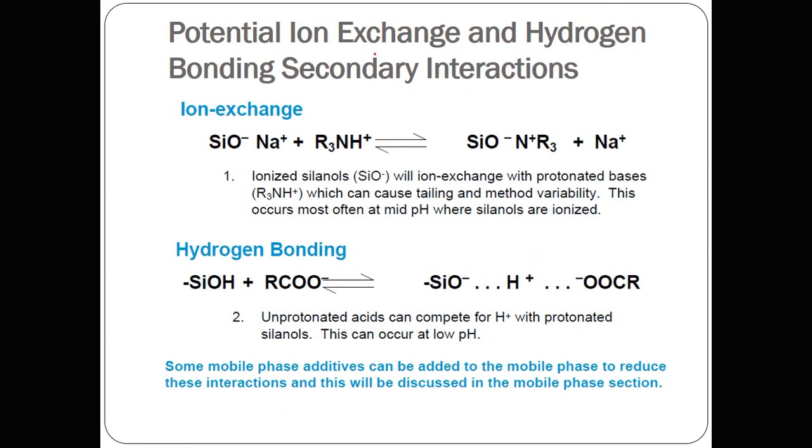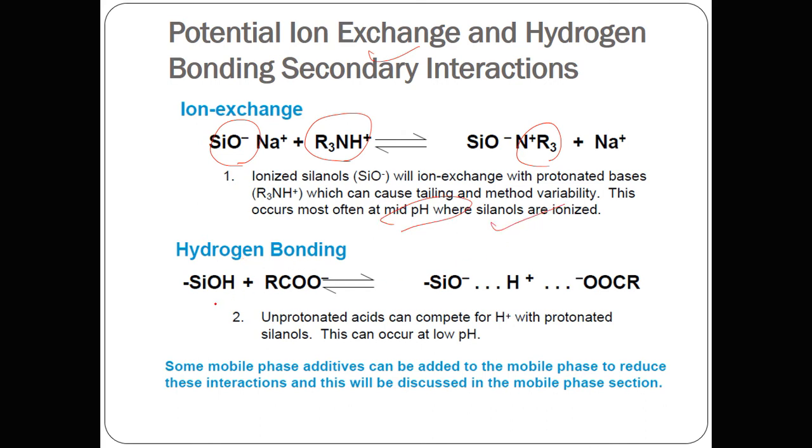Potential ion exchange and hydrogen bonding are secondary interactions. SiO- Na+ and R3NH+ is reversibly converted into SiO- NHR3+ plus Na+. Ionized silanols, SiO-, will ion exchange with protonated bases, here R3NH+, which can cause tailing and method variability. This occurs most often at mid pH where the silanols are ionized.